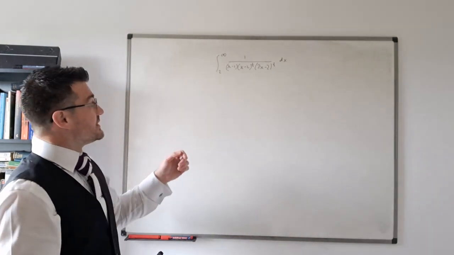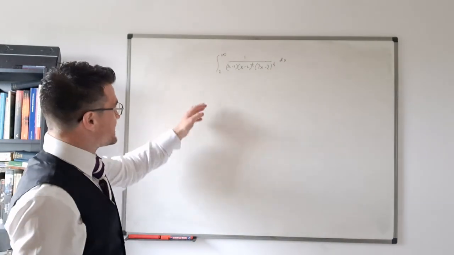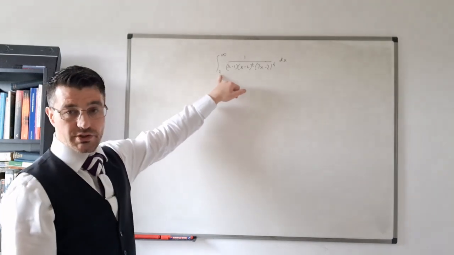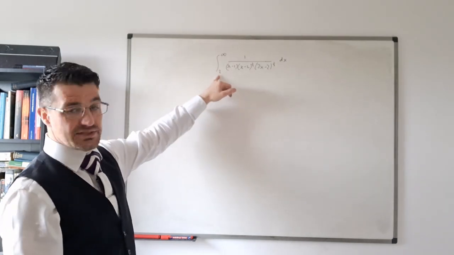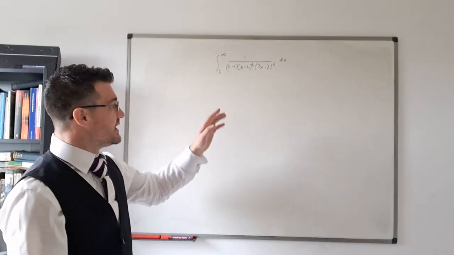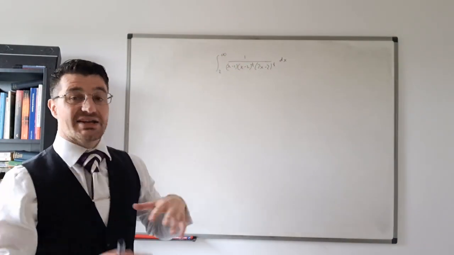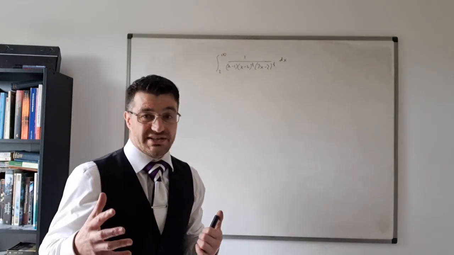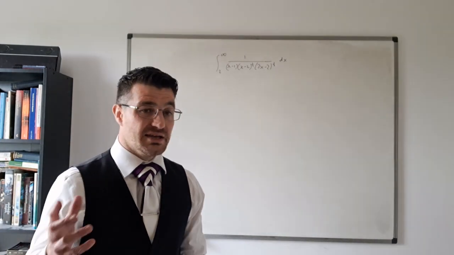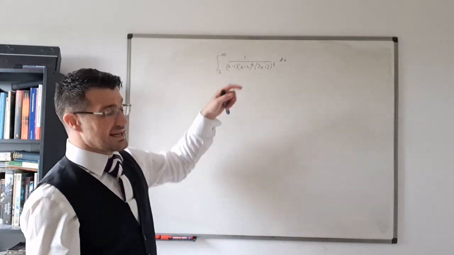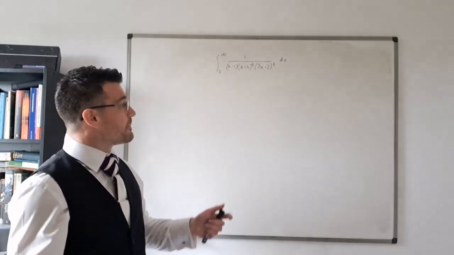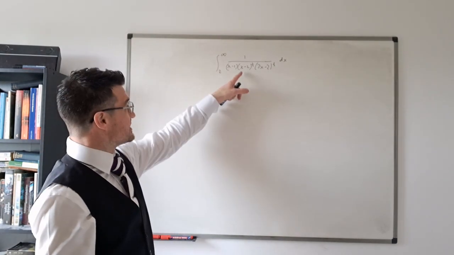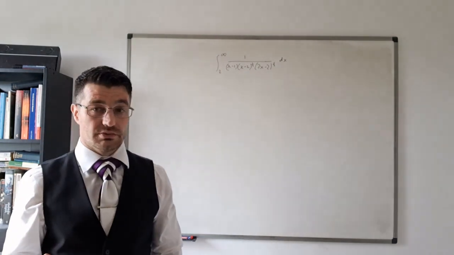Other things that I noticed. Here we've got x minus 2 in the denominator, and here we've got 2 as the lower limit of this integral. That's interesting to me, because if you were to just give me this expression, I don't know what the graph of this function looks like. I've not put it into any graphing software, but I would expect there to be a singularity, or a vertical asymptote, should I say, at x equals 2.